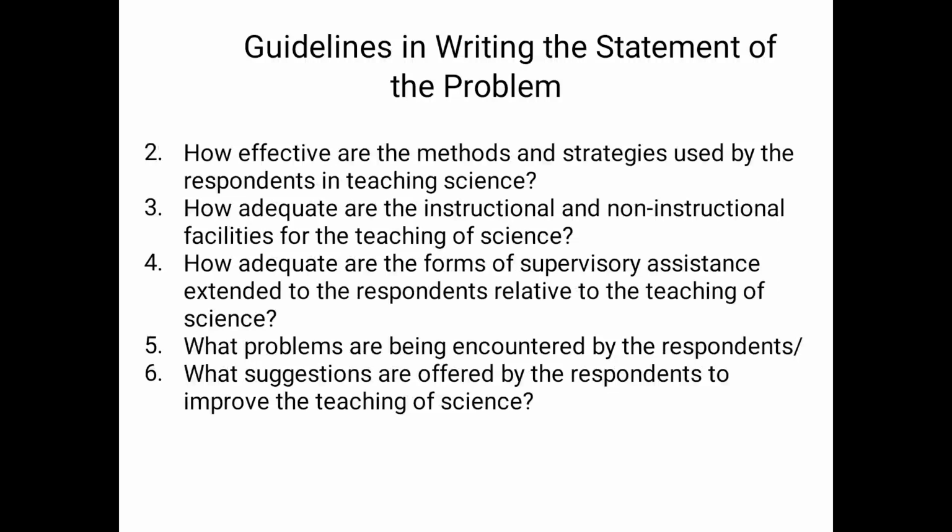Okay? Number 2 is how effective are the methods, how adequate, what problems are encountered, and what suggestions are offered. Okay? So, pero ang problema dito sa sample problems ay hindi pa siya more specific, very general pa siya. How effective? To what is the extent of effectiveness? So, lalagyan mo pa siya ng sub-variables here.